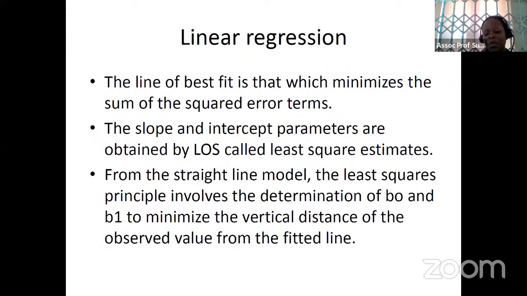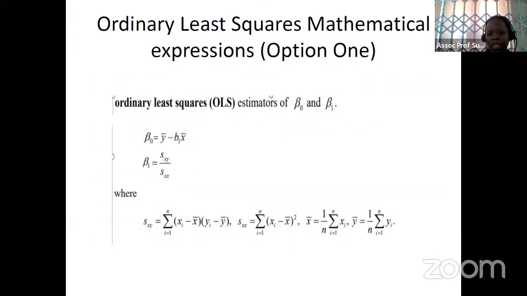From the straight line model, the least squares principle involves the determination of the intercept and the slope to minimize the vertical distance between the observed and the fitted value. So once we get the difference between the observed and the predicted value, we differentiate with respect to the intercept and slope, and we are able to come up with these equations you see.